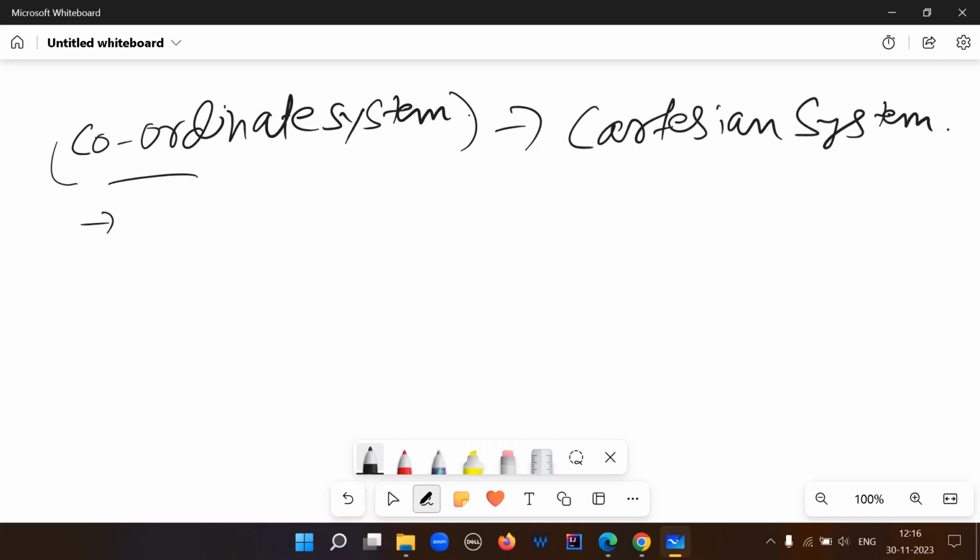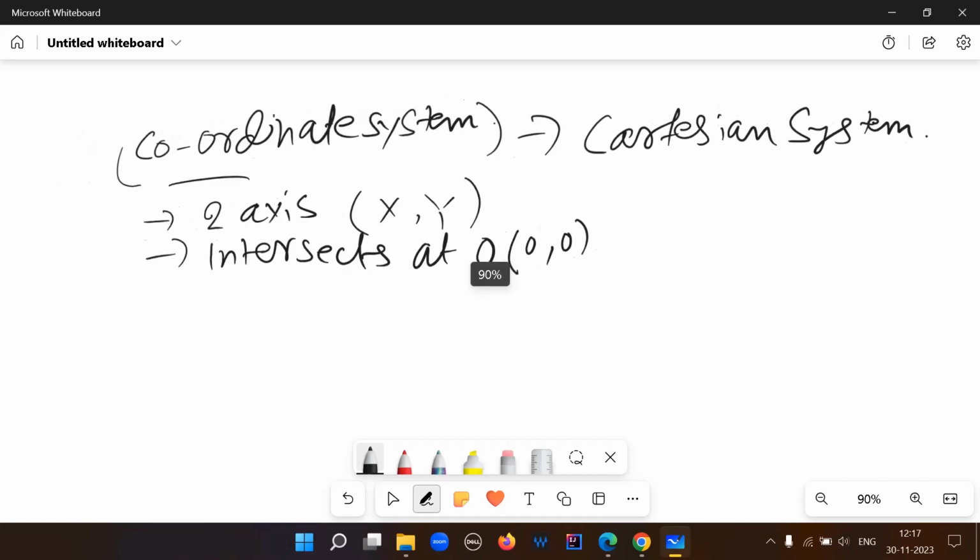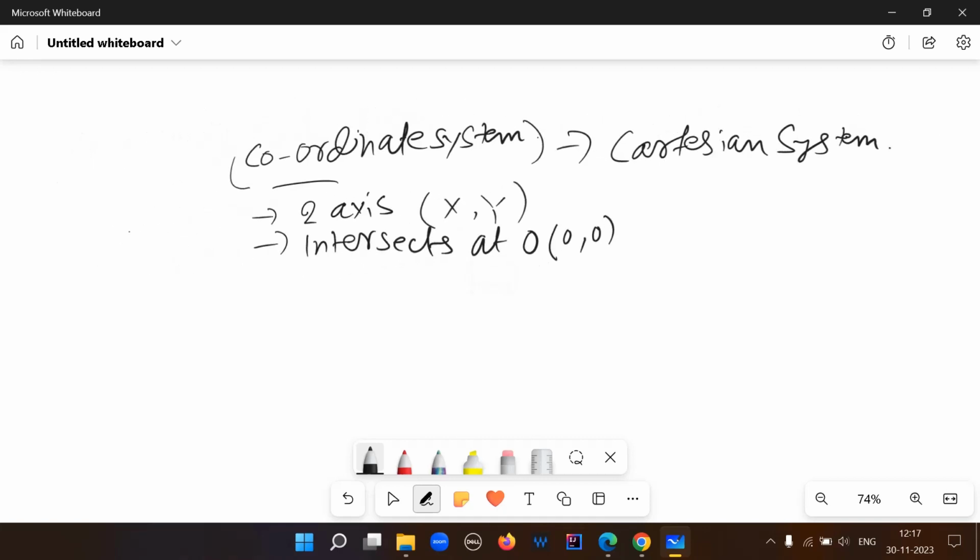Okay, let's start. Here there are two axes, or two coordinates. One we call x and another one we call y. They intersect at O, or you can say 0, whose coordinate is 0, comma 0. I will explain it.